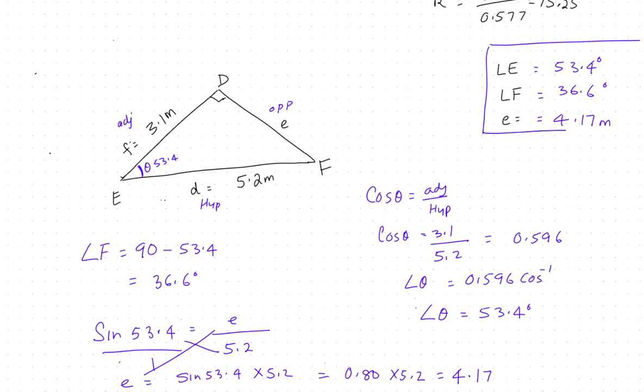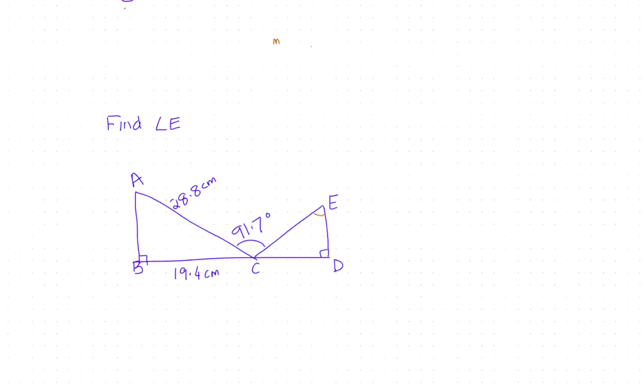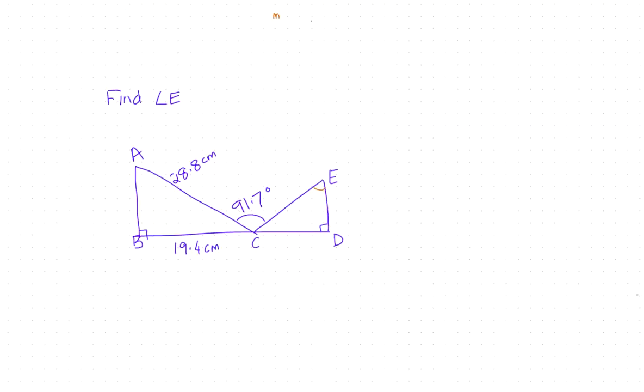And one more last question. You have to find angle E. Two triangles are given, ABC and CDE. With the help of ABC, we have to find angle E in this triangle CDE. We'll go to the first triangle ABC. Suppose this angle is theta 1.